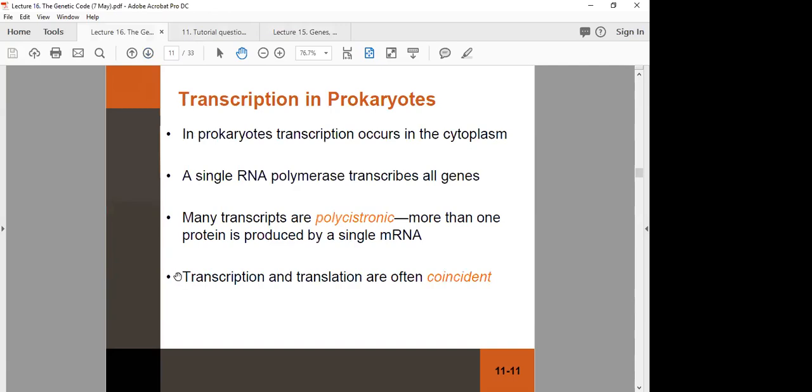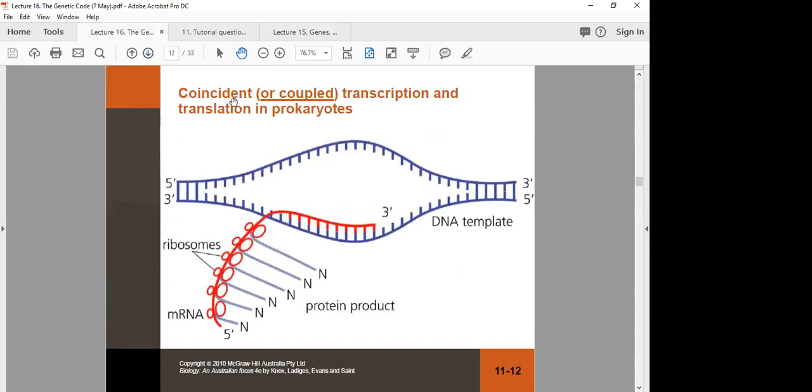In prokaryotes, both transcription and translation occur at the same time. They're said to be coincident or coupled. And that's because these two processes are not compartmentalized. So that's shown here, coincident or coupled transcription and translation in prokaryotes.